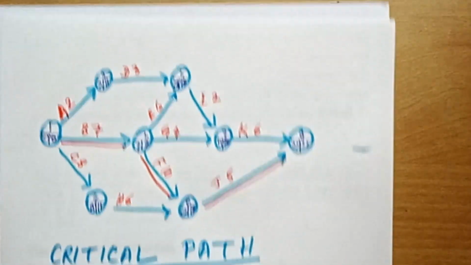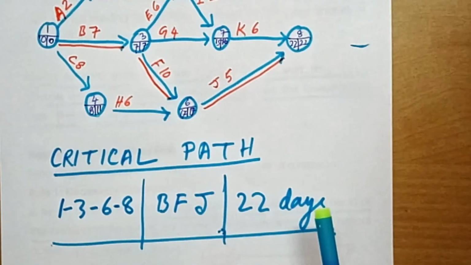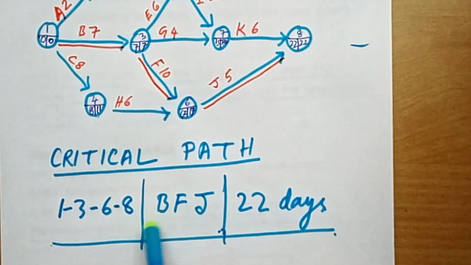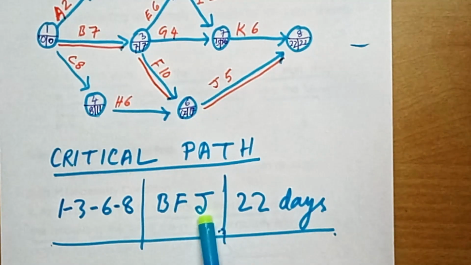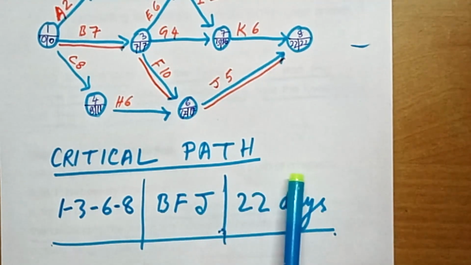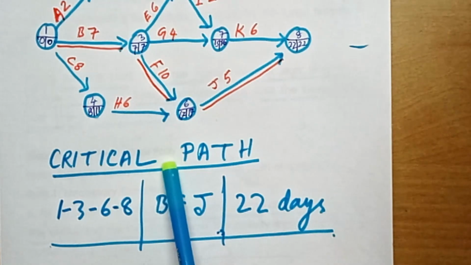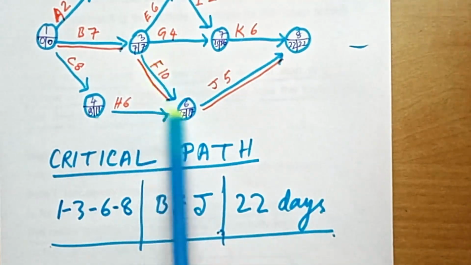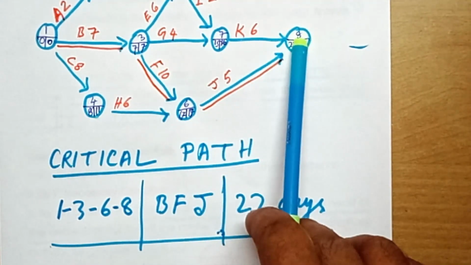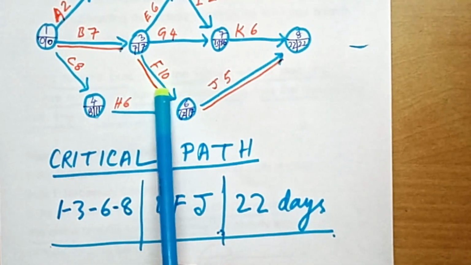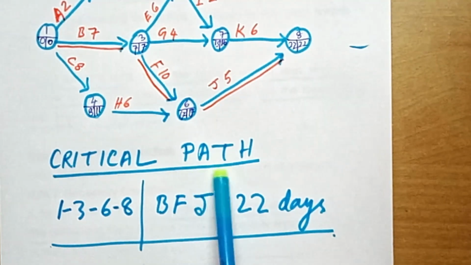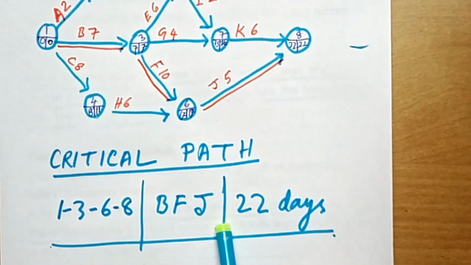So you can write here the critical path is by node 1, 3, 6, 8 and by activity B, F, J. These are the critical activities and this is the critical path.